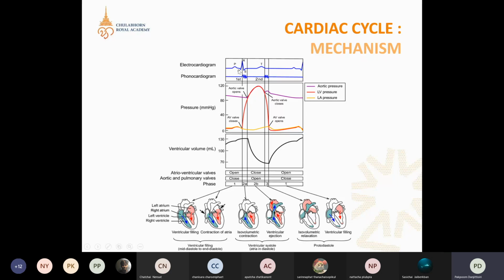at the P wave again. The P wave refers to the atrial contraction, right? After atrial contraction, the blood from the atria goes to the ventricle, which means the atria pump out the rest of the blood into the ventricle, which is the final diastole, right?